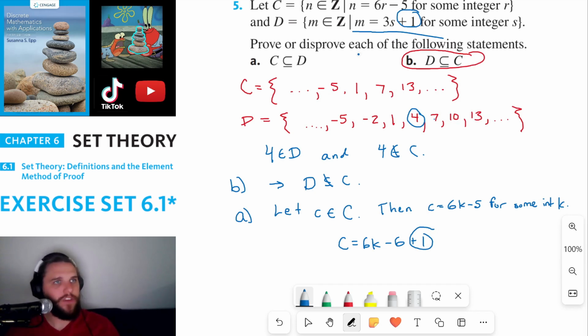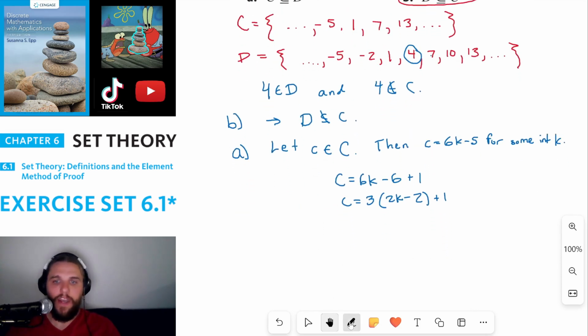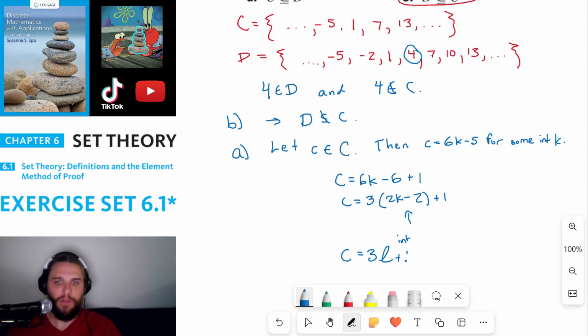The next thing we have to do is factor out a 3 from everything else. Luckily, the other term here is minus 6, so we can easily factor out a 3. So this is 3 times 2k minus 2, plus 1. Now 2k minus 2 is an integer, which means c equals 3 times l plus 1 for some integer l.